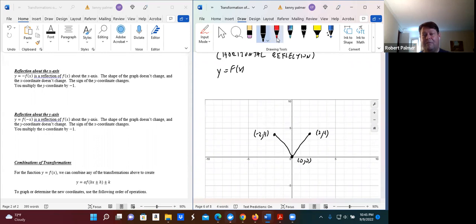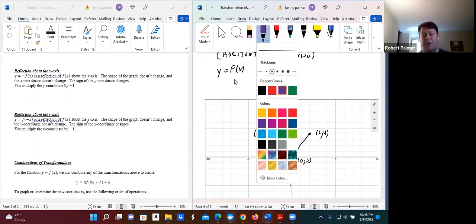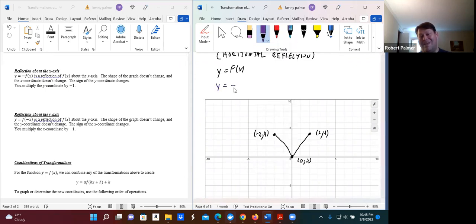So now we're going to graph, this time I think I'll use the blue color for this one, y equals f of negative x. Once again, this is a reflection about the y-axis. We take the graph and basically put a mirror image of this graph across the y-axis.